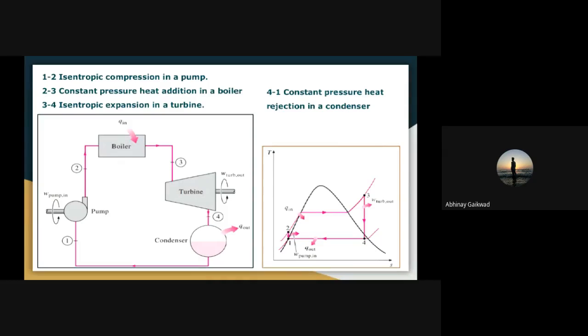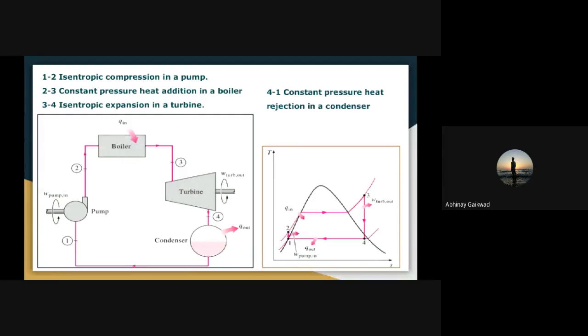The superheated vapor enters the turbine and expands isentropically, producing work by rotating the shaft, which is connected to the electric generator, where we get the power or output work.